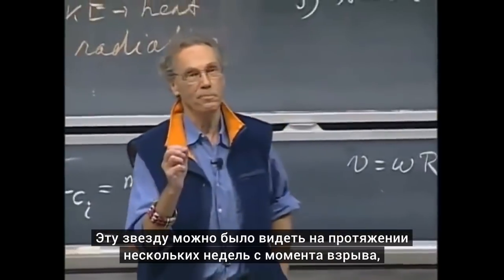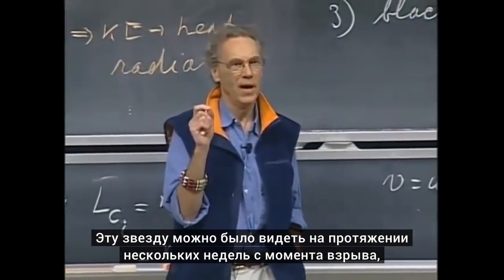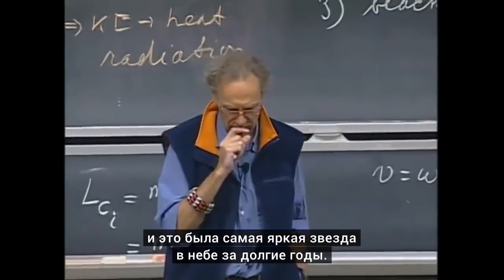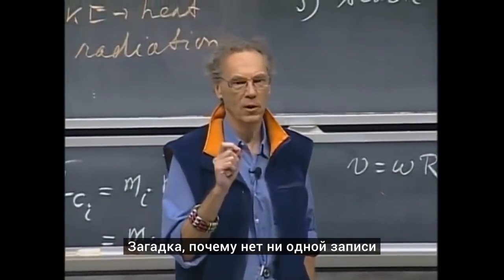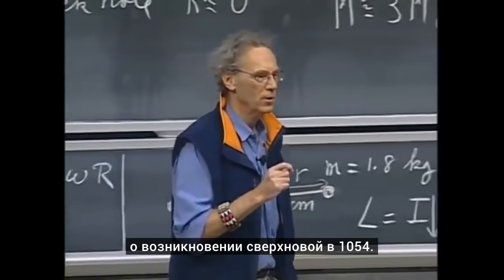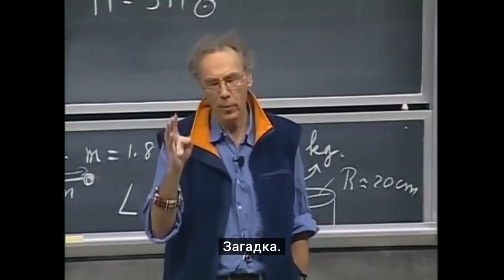This star was visible for weeks during the day when it exploded, and it was the brightest star in the sky for years to come. It is a complete puzzle why there isn't a single report by any European astronomer on the occurrence of the supernova of 1054. It is very puzzling.